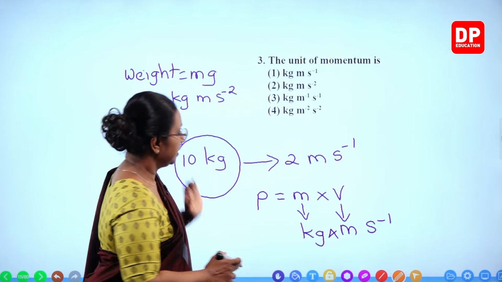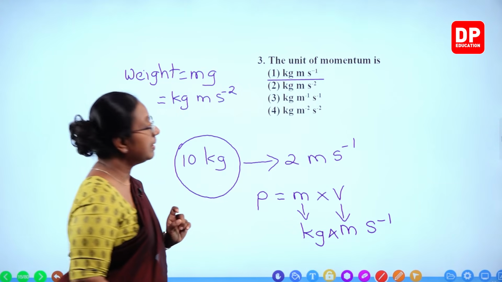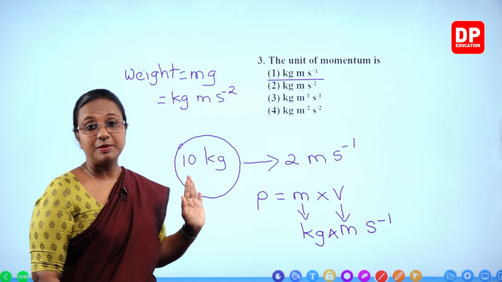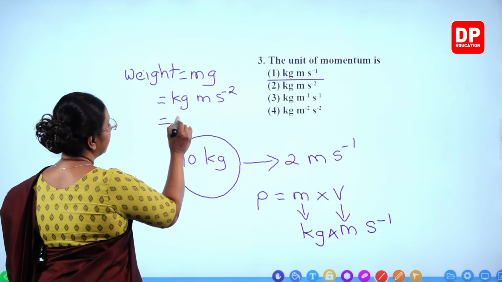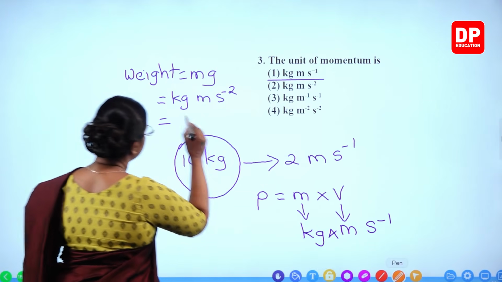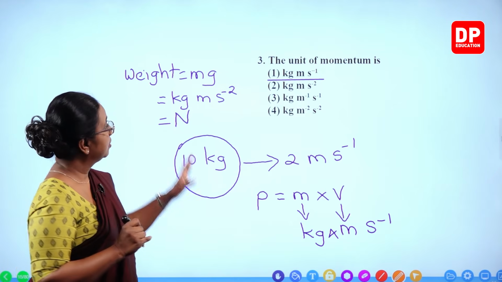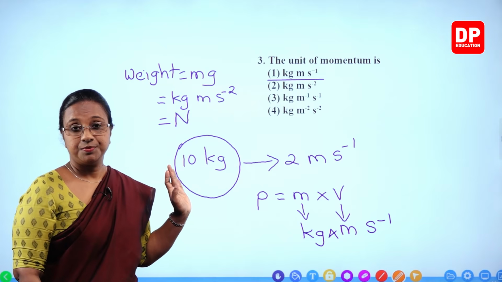So the first one is the unit of momentum, kilogram meter second minus 1. And the second unit is similar to the newtons, that is weight. So here, if you write the final answer, this is also equal to newton, that is similar to weight. So out of that, the correct answer is the first one.